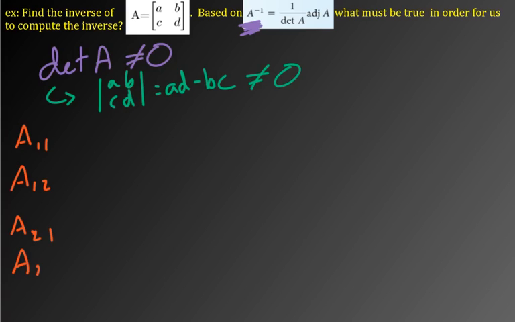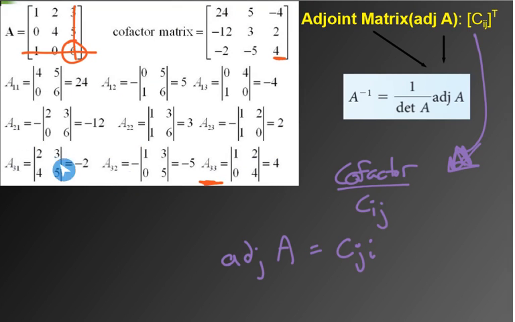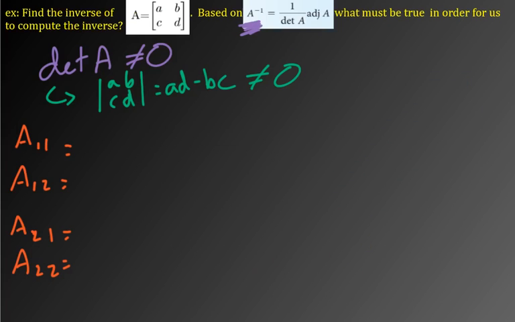A21 and A22. So these are the cofactors. I'm talking about these kinds of things. When you do cofactors of a 2 by 2, you're literally looking at a 1 by 1.